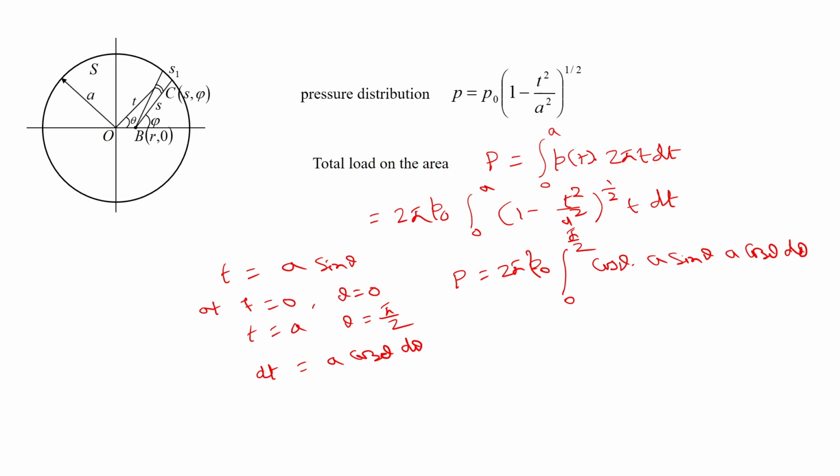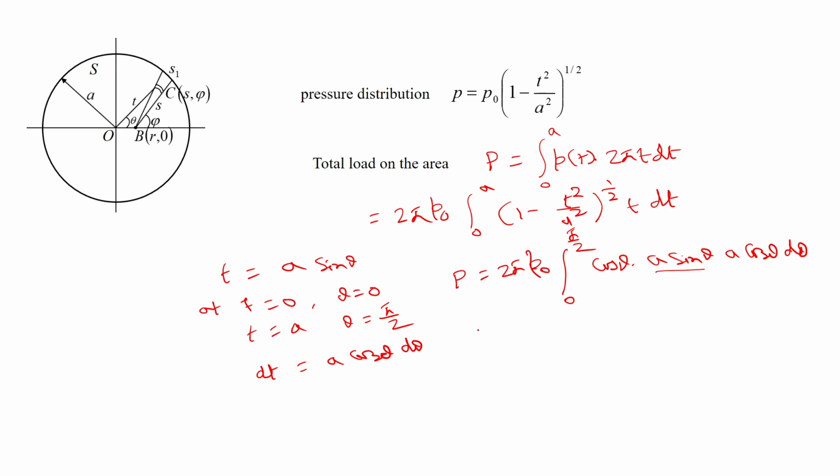So, I have 2 pi p0, that is fine. So, t is equal to a sin theta, and the square root of 1 minus t square by a square, that is 1 minus sin square theta over a square by a square, is cos square theta, whose root is cos theta, and then dt is equal to a cos theta d theta.